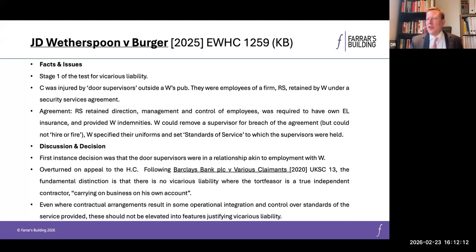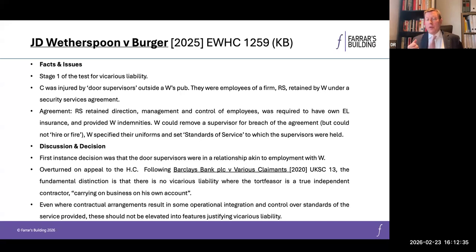The door supervisors were employees of an independent contractor, RS, and that contractor was retained by Wetherspoons under a general security services agreement. And on the one hand, the agreement provided that RS would be responsible for directing, managing, and controlling its employees. RS had to have employers' liability insurance.